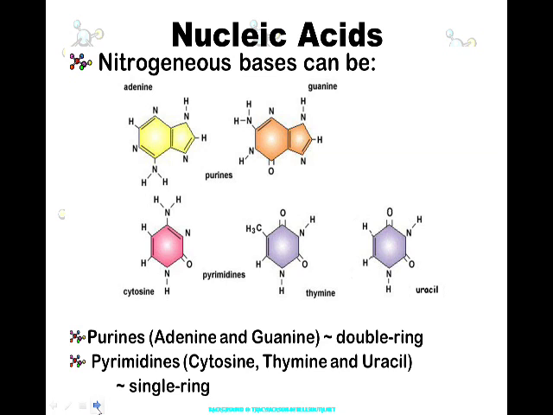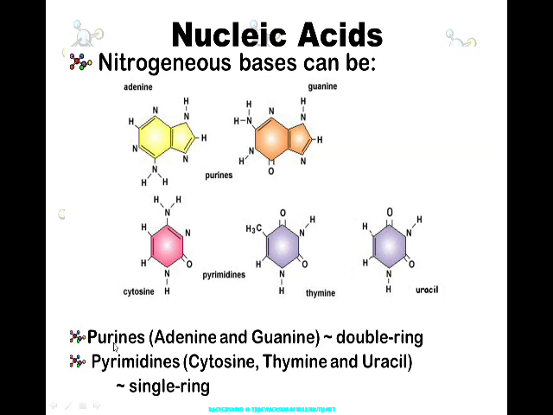Cytosine, thymine, and uracil are my pyrimidines, my choices for nitrogen bases. Notice the difference. Remember, A's and G's and C's and T's are used to make DNA. A's and G's and C's and U's are used to make RNA. And look how closely the T's and the U's are to each other structurally. The difference is that one methyl group there on the ring.